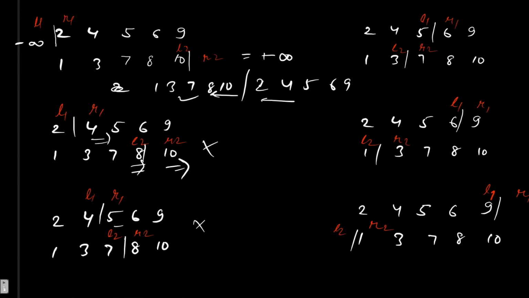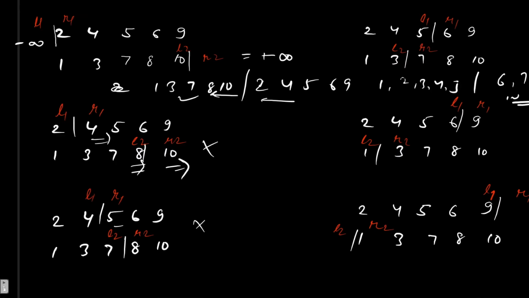So let's see this partition. In this case all the elements on the left side are lesser than the elements on the right side. So we can see 1 2 3 4 5 are going to be in the left side array, and 6 7 8 9 10 are going to be on the right side.